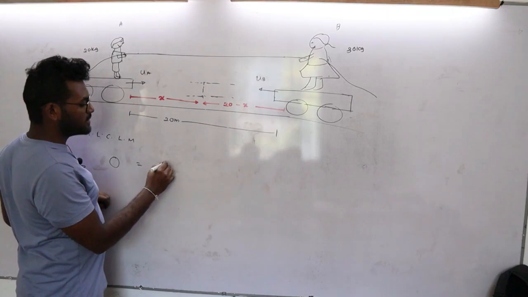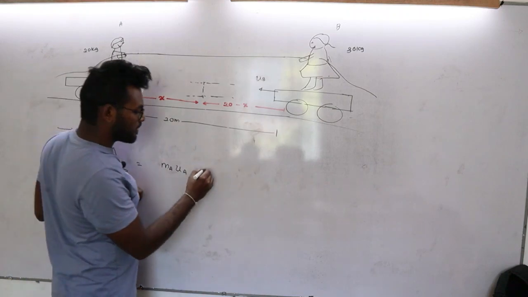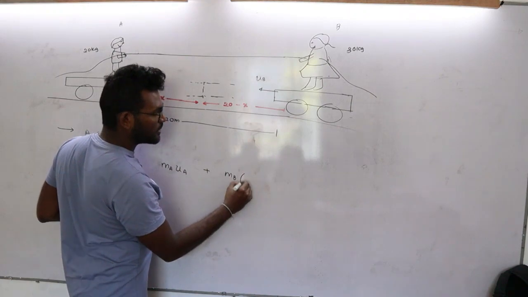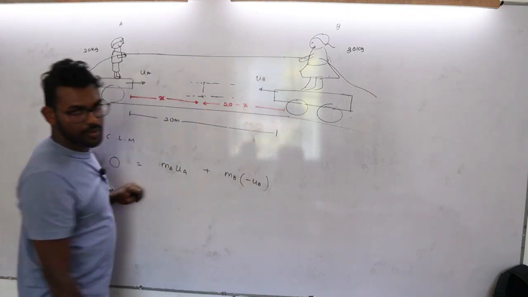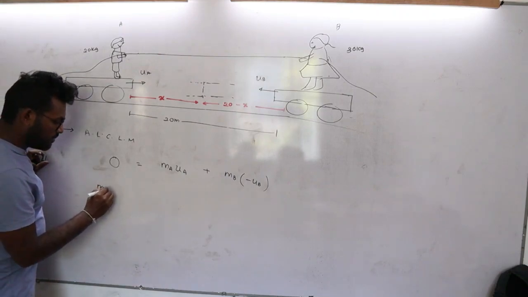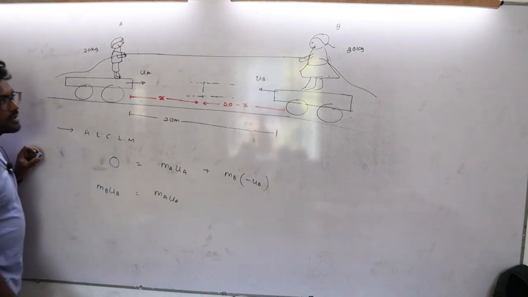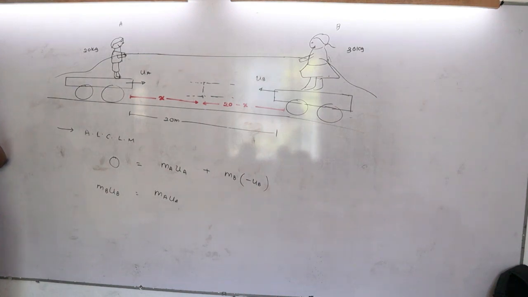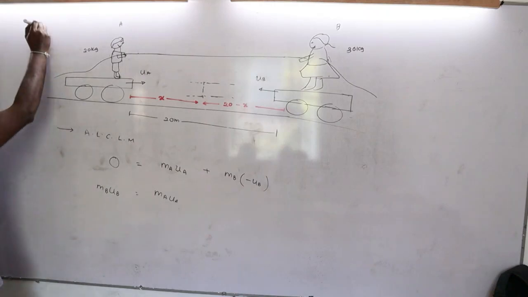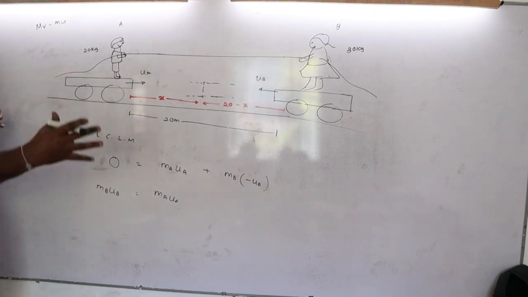So A has MA with a velocity UA, plus MB having a velocity of UB, but it is to the opposite side, right? So I could write MB UB equals MA UA, or simply MA UA equals MB UB. That's the one we wrote already. MV equals MU, right? When they are moving apart, right?